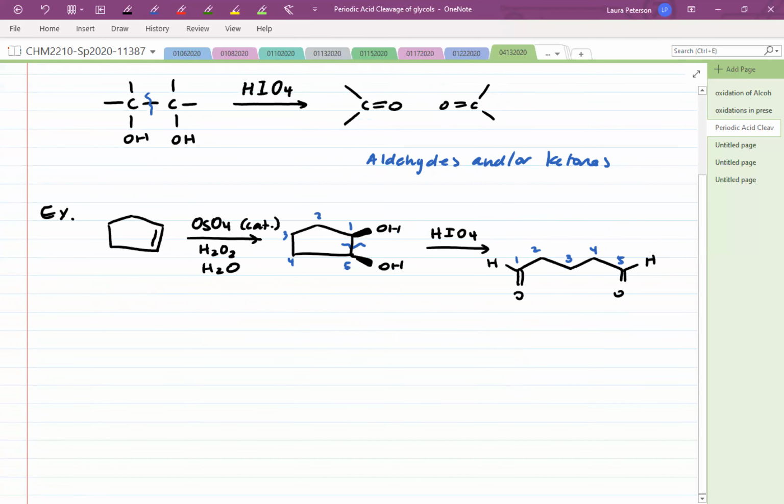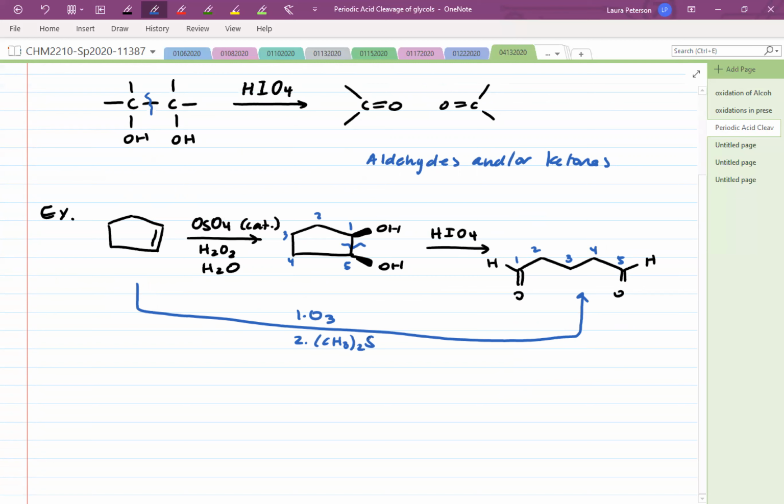All right. So you might be thinking, well, that's funny. Why don't we just go ahead and do ozonolysis? Why don't I just take the starting material that I originally had and do ozonolysis? So fair point. You could do that. So, reasons practically why you would choose one of these methods over the other, the main one being the difficulty of working with ozone.